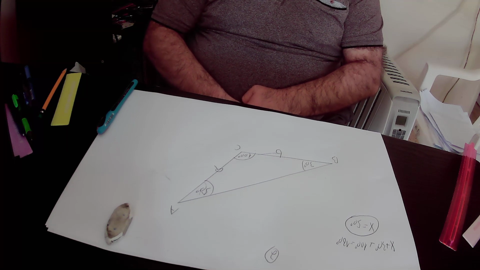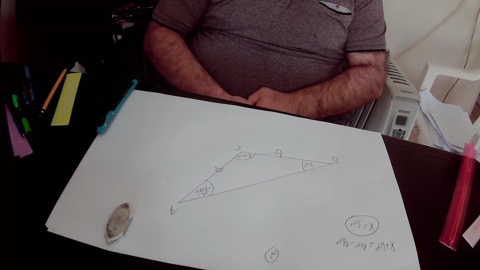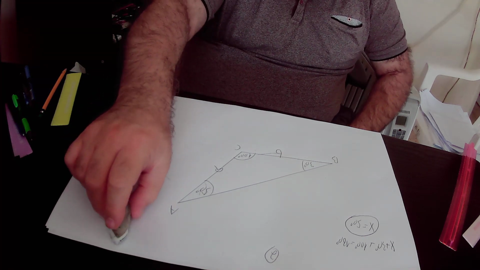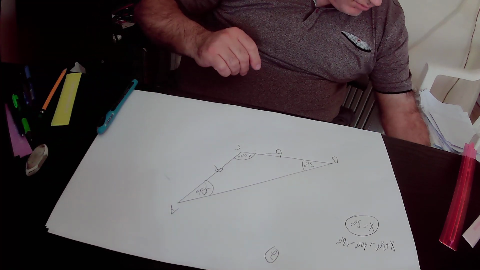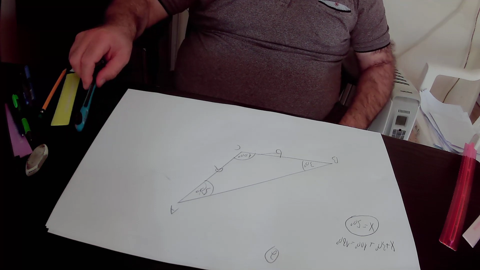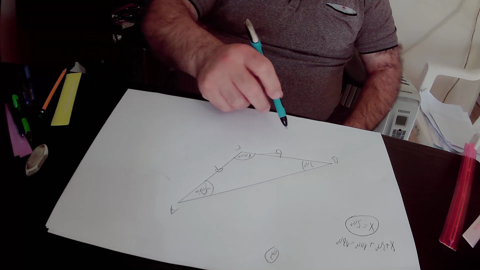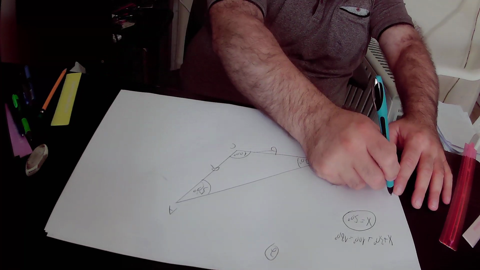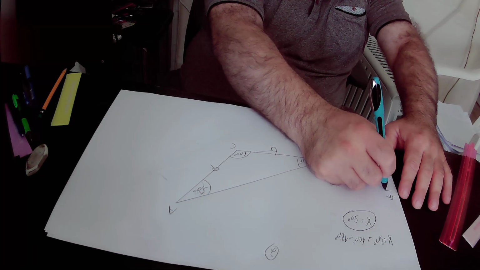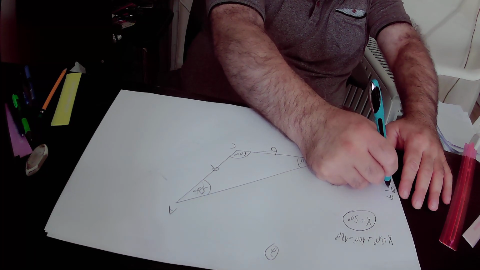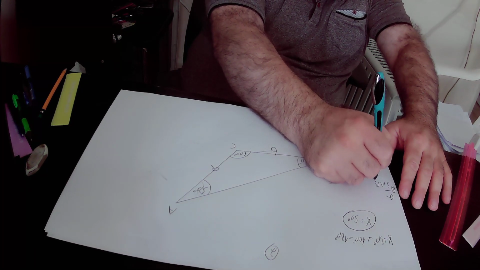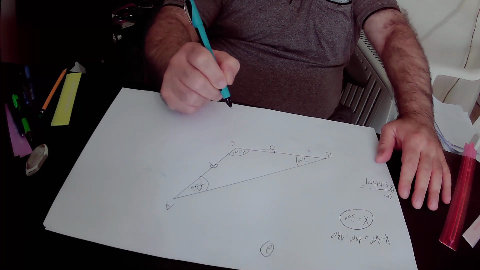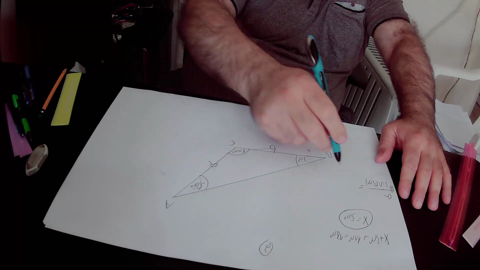Now we will implement the law of sines in triangle ABC. According to the law of sines, we get A over sine 30 degrees equals B over sine 50 degrees.